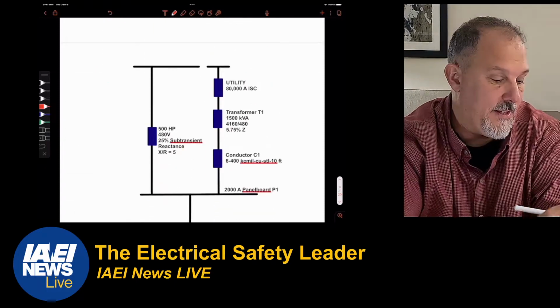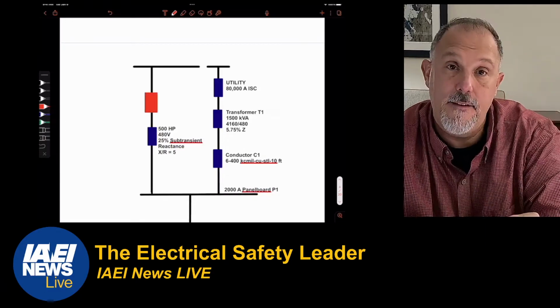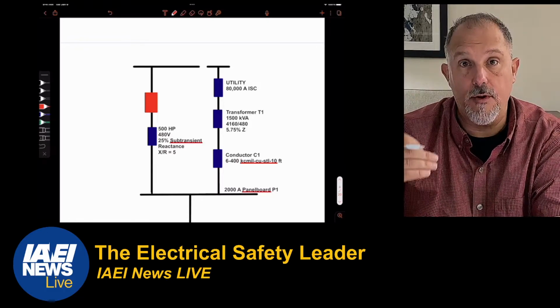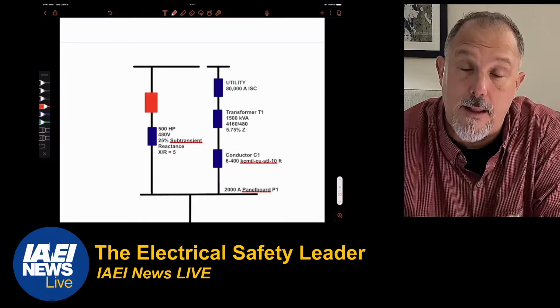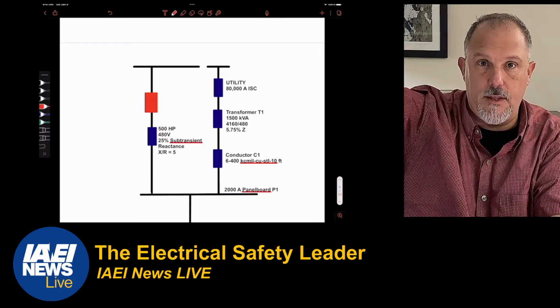And if I would have put the impedance for the conductor, I would have done that. So it would have been the impedance going to the motor and the motor impedance in series with each other, all of that in parallel with everything from that panel board 1 back to the utility.